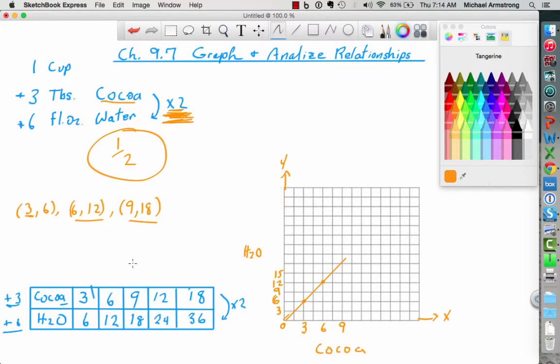And that's how this whole assignment goes. You're going to have to go through and figure out the relationship, how to add along this direction, how to multiply from one to the other, and find the rule. You have to build your ordered pairs. These are called ordered pairs.